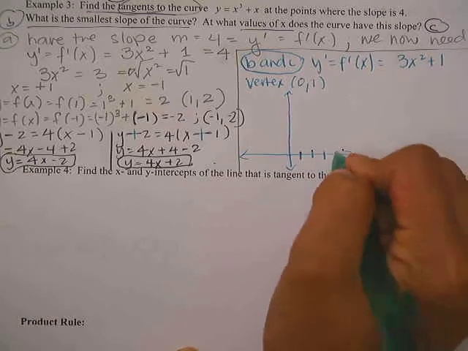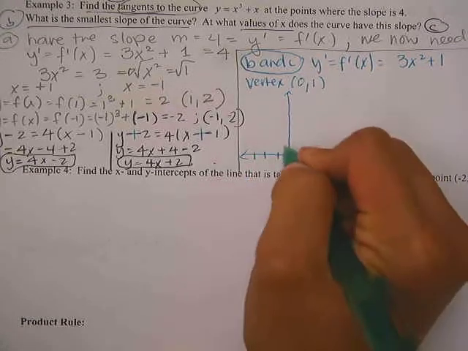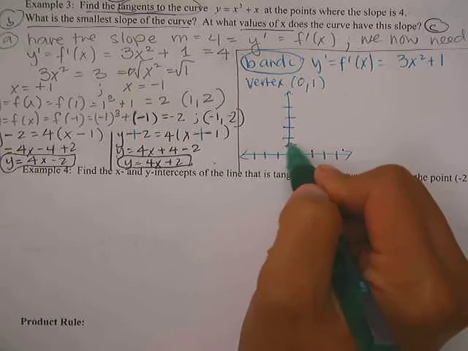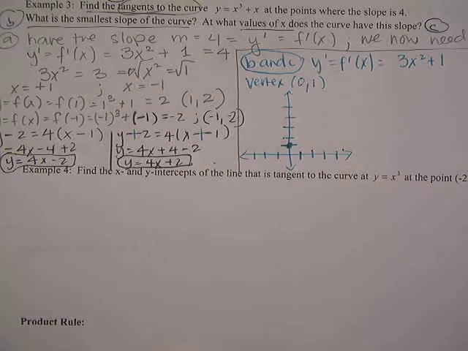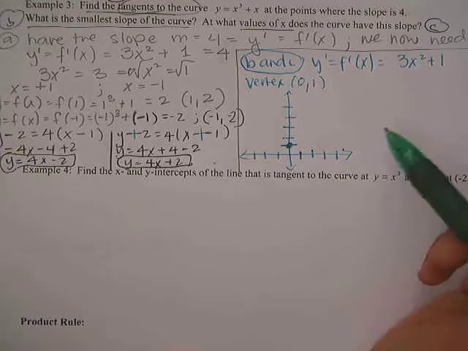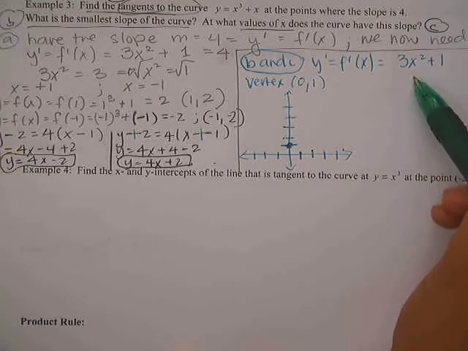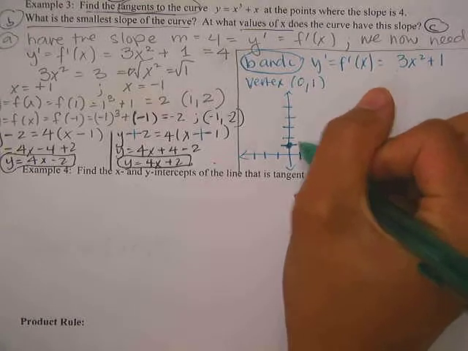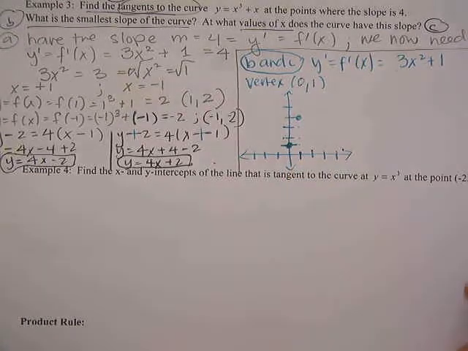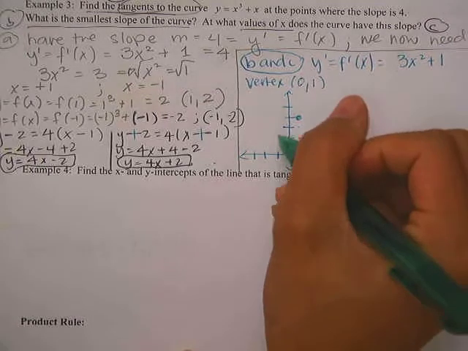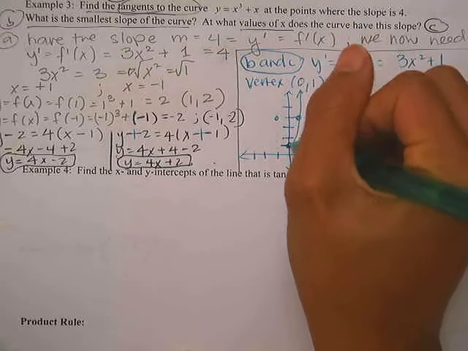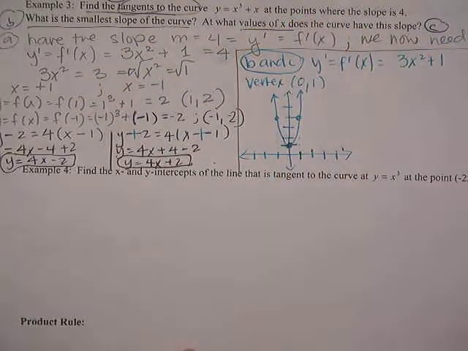Alright, so when x is 0, y is 1, so that's my vertex. And when x is 1, I'm just going to pick a value on the right. 1 squared is 1, times 3 is 3, plus 1 is 4. So 1, 2, 3, 4. It's going to be symmetrical, so I don't need to do anything else except mirror image with the vertex. So here is the graph of all x values, or the slope, okay, for all x values.